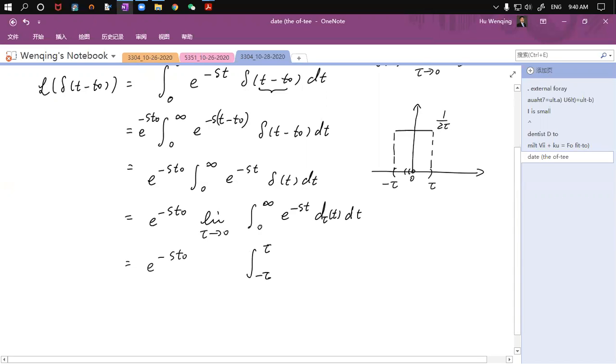And then you take the limit as tau goes to 0. In this case, you're just working with this function divided by 2 tau, dt.